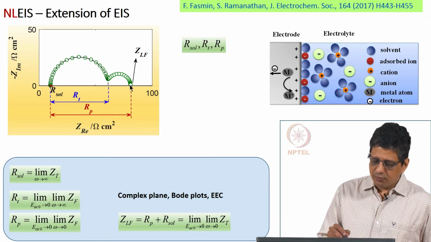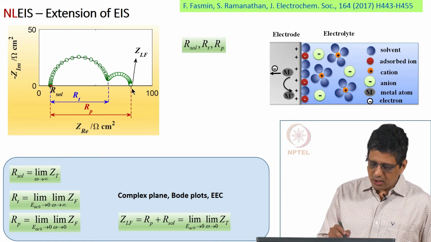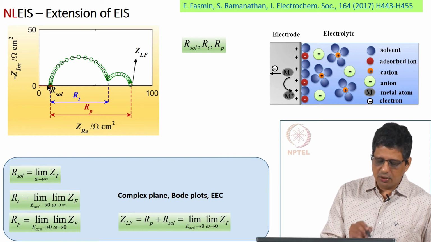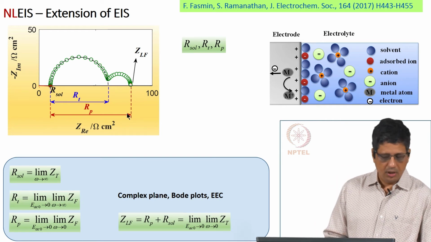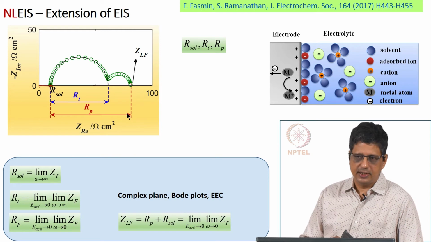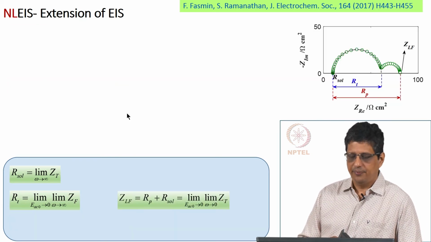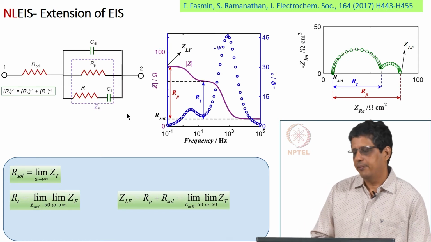What we measure is of course the total resistance or total impedance. So, if I take the low frequency limit, this is ZLF, the sum of solution resistance and polarization resistance. Now, this is the definition of polarization resistance, charge transfer resistance, etc., with the assumption that the perturbation is small. If the perturbation is large, you can still get the data.